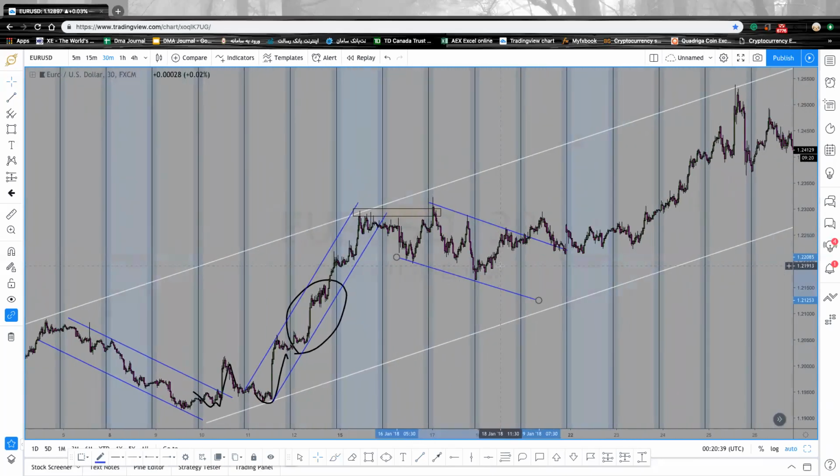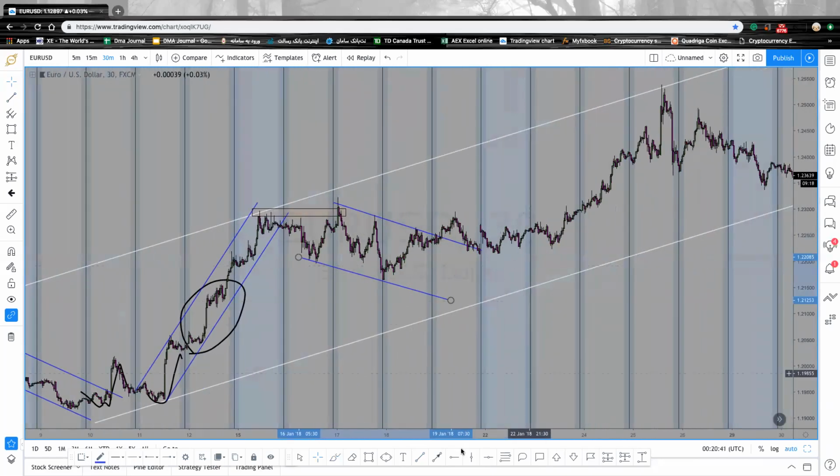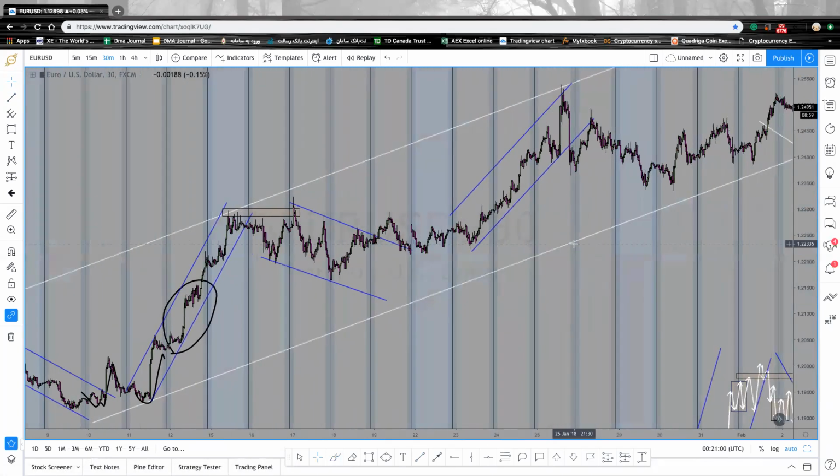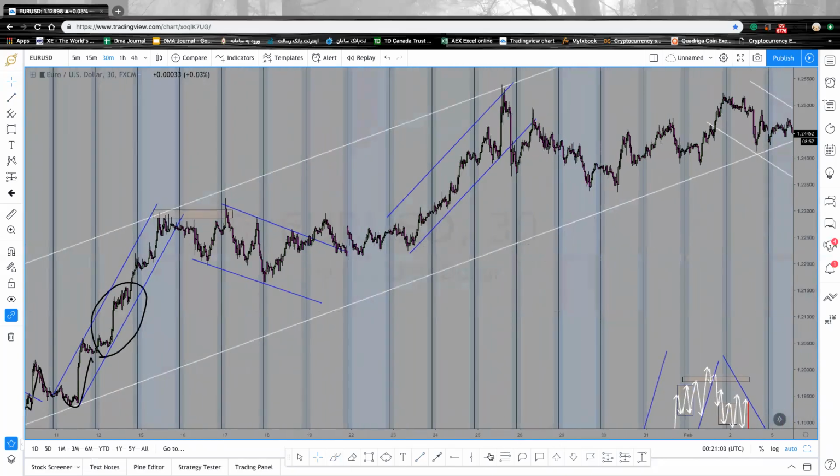So if you don't understand and if you are not able to see this pattern, you basically can't use any of the Forexia methods of trading, because this is the most important lesson of Forexia, which could allow you to see what the retails can't see.